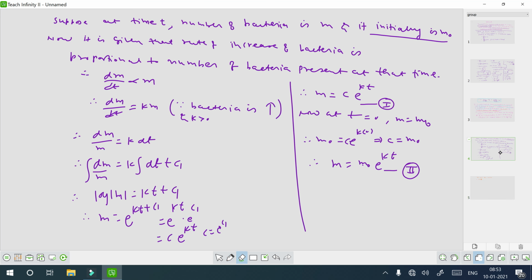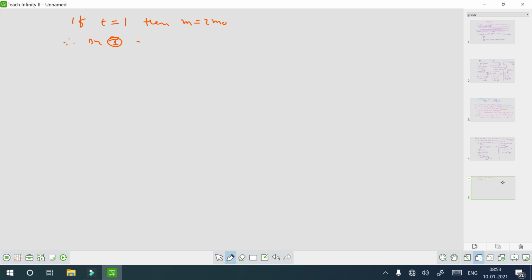It will get doubled. So by 2, put m is equal to 2m0. 2m0 is equal to m0 e raised to k. So 2 is equal to e raised to k. Somewhere I am going to use this one. Say result number 3.